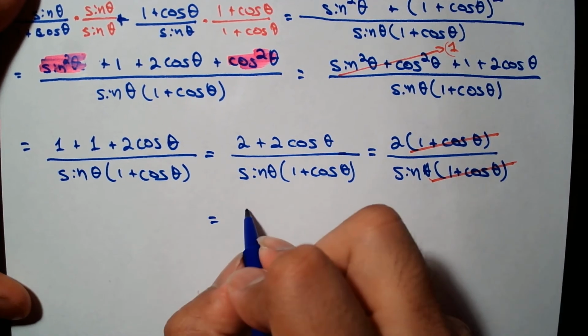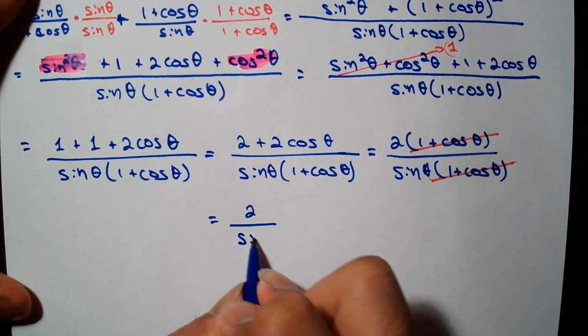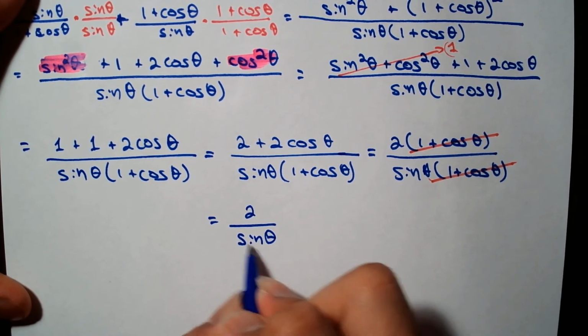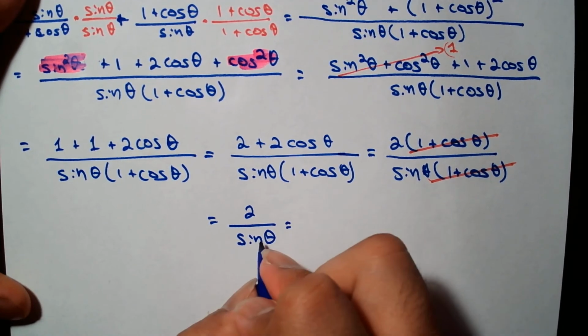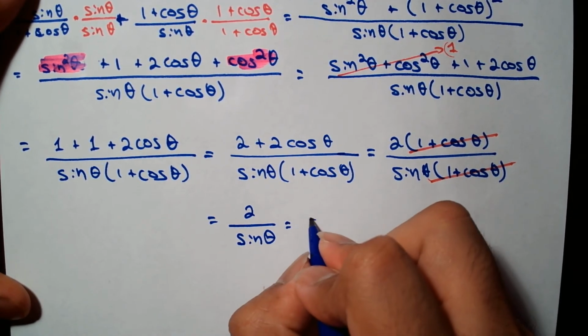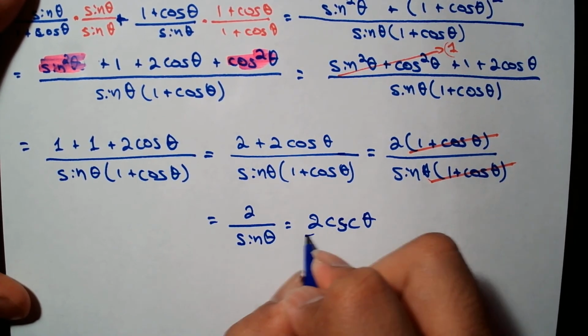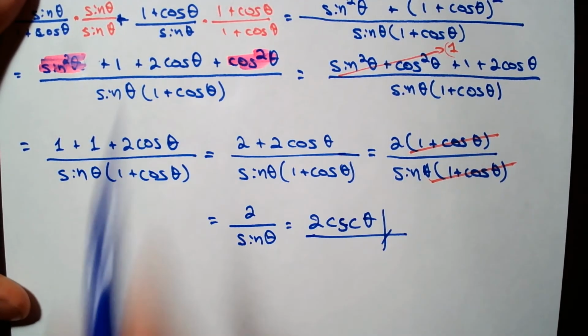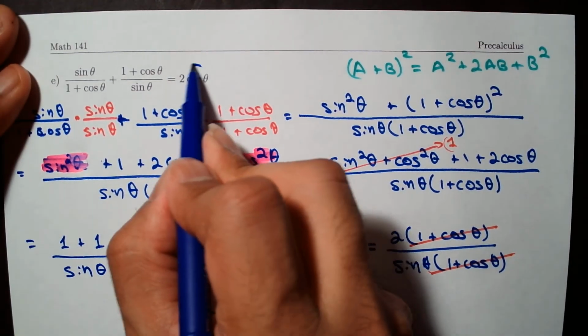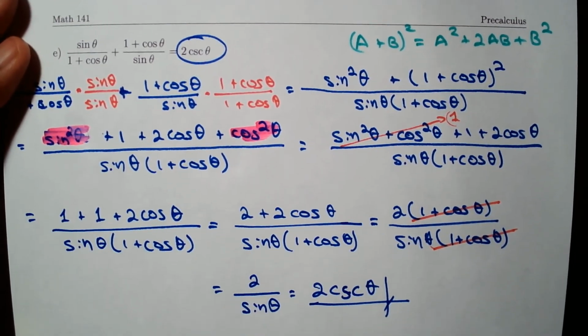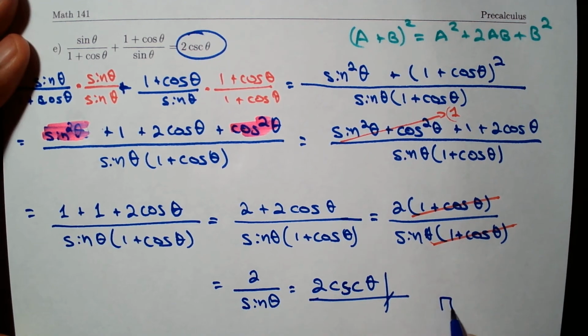So this is going to be 2 divided by sine. But what do we know about sine? That's the reciprocal of cosecant, so we can move it up to the numerator as 2 cosecant theta, which is what we wanted to obtain over here, isn't it? And that's what we wanted to show.